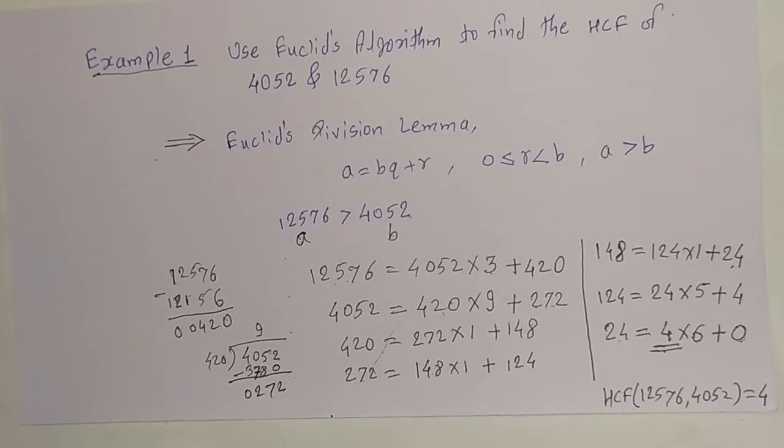The basic concept in this case is to always remember a simple formula: dividend equal to divisor into quotient plus remainder. Euclid's division lemma is nothing but dividend equal to divisor into quotient plus remainder. So within 4 or 5 steps you have got the answer as 4. HCF of given two numbers is 4.